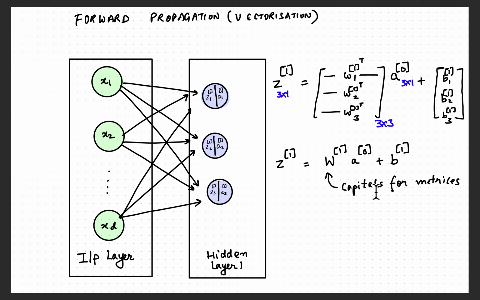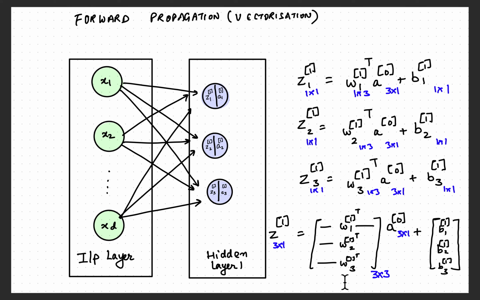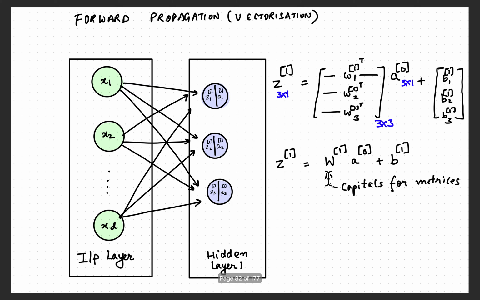So I'll be writing this matrix, which consists of w square bracket 1 subscript 1 transpose, etc., etc. I'll be writing this entire matrix, this matrix that you're seeing here, as a matrix capital W square bracket 1.